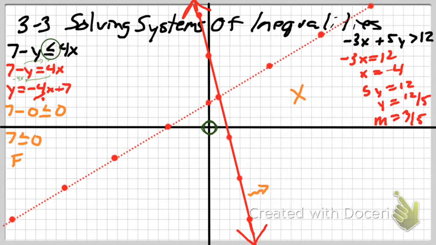Now we need to decide where this line should be shaded. Testing 0, 0. We get 0 is greater than 12. That's false. So in this case, we would shade away from 0, 0, which would be above that line.